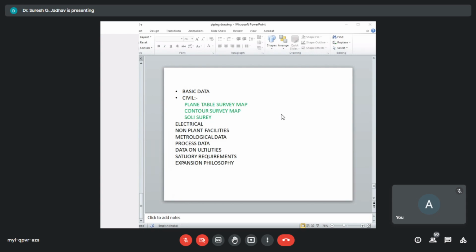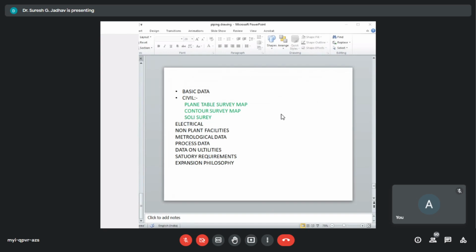These are the points we have to cover in the electrical engineering section. The next parameter is non-plant facilities. What kind of non-plant facilities?